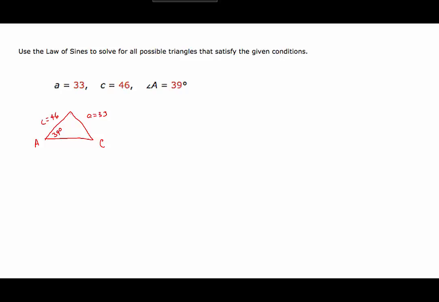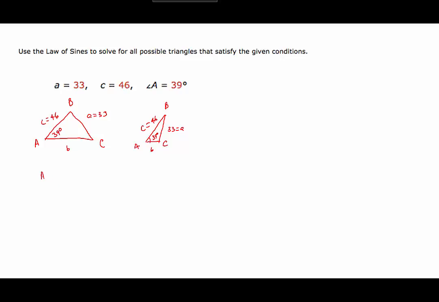So if we could imagine breaking this triangle at this angle and then swinging side A over and still allowing for a side of 33, so that we still have this same angle, 39 degrees, but side A comes down this way and is still 33, and this side C remains at 46, then we might have another angle C and a different side B, or angle B and side B, than what we have in this triangle, and still wind up with valid triangles where the interior angles sum to 180.